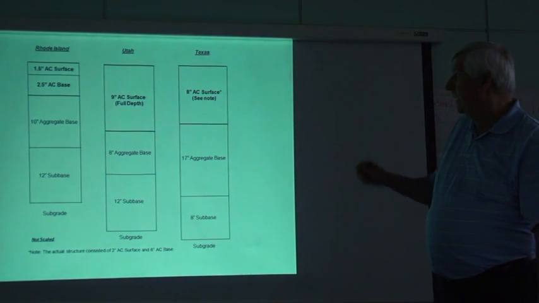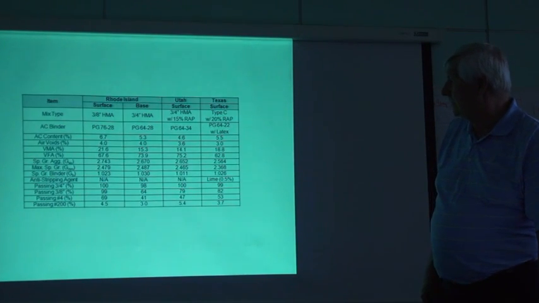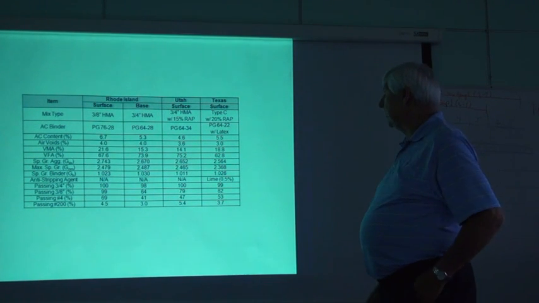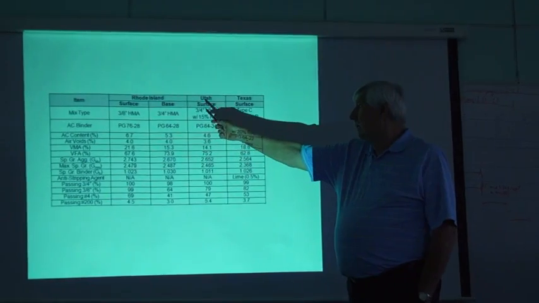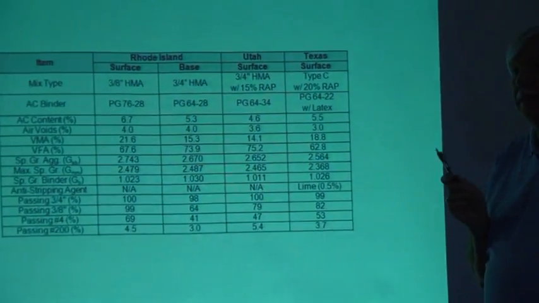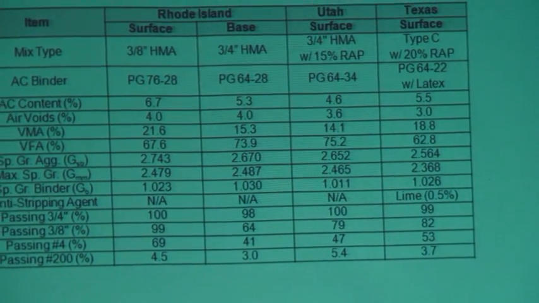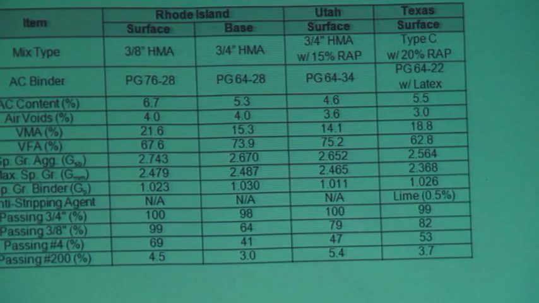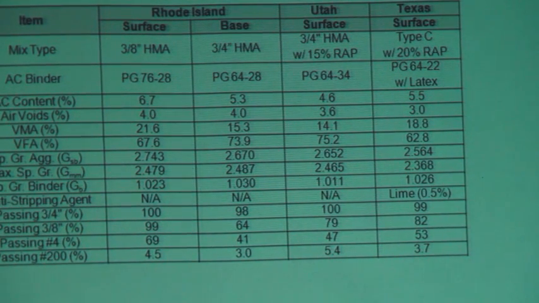Here are the cross sections of the pavement. They're probably not going to mean too much to you. I'll show you the first slide, for example, represented in Rhode Island, the different material types. I'll call to your attention that the Utah and the Texas projects had RAP, which complicates things a little bit, but it did have recycled material.